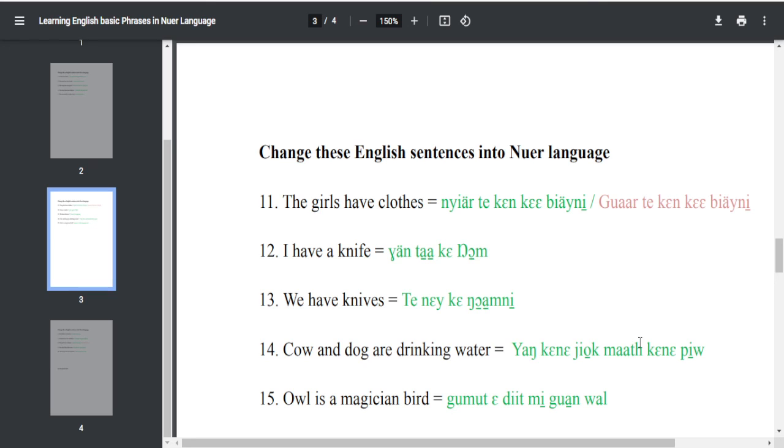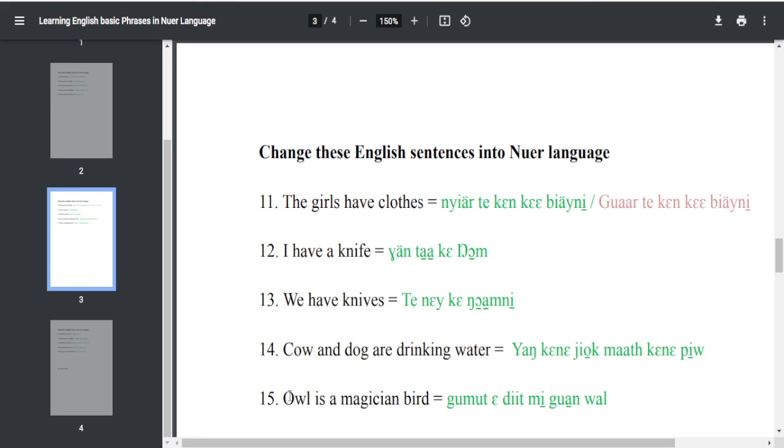We say juk lapper pew. But in this sentence, where we say cow and dog are drinking water, when we say cow alone, we can say yang masa pew. In that case, when we are mixing the two of them, we can simply say yang kene juk mas ken pew.